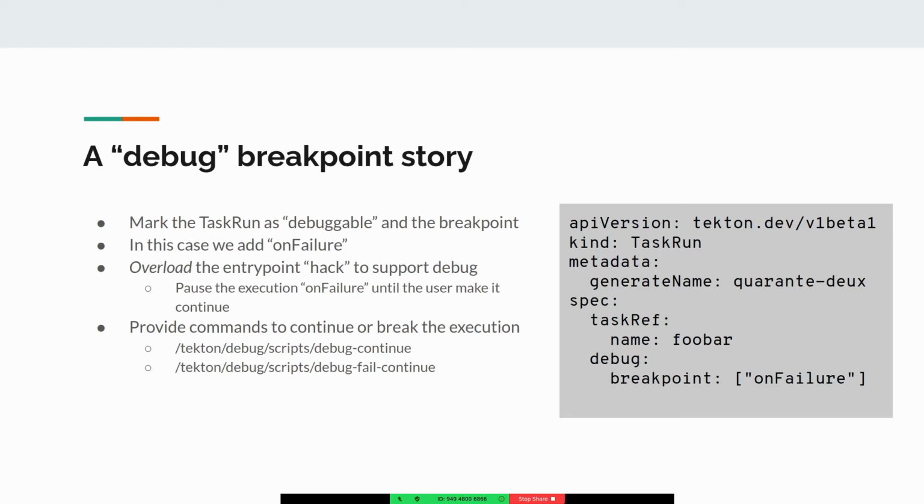The user should be able to go into the environment, debug and troubleshoot, figure out what the issue is, and then go back and fix the issue that they found.